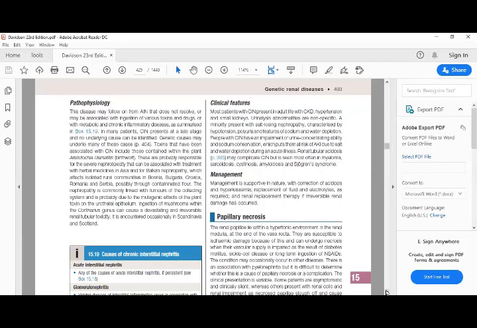Urinalysis abnormalities are non-specific. A minority of patients have salt-losing nephropathy characterized by hypotension, polyuria, and features of sodium and water depletion.